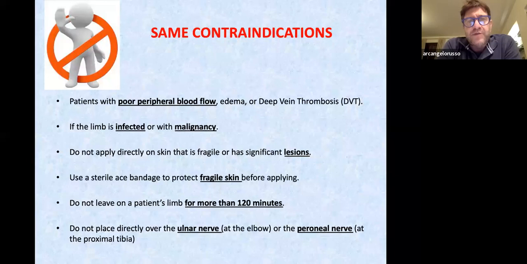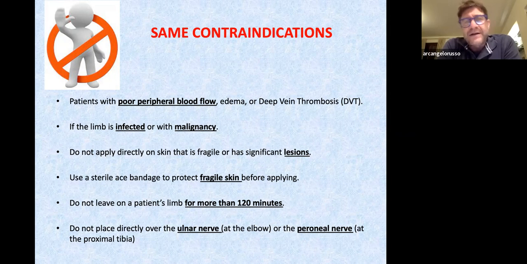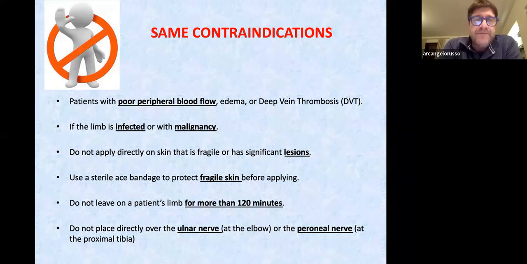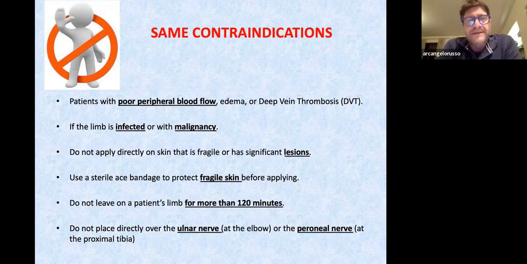Patients with poor peripheral blood flow, edema, or deep vein thrombosis: we have to take care of this kind of patients. If the limb is infected or has a malignancy, do not apply directly on skin that is fragile or has a significant lesion, maybe a dermatologic pathology.